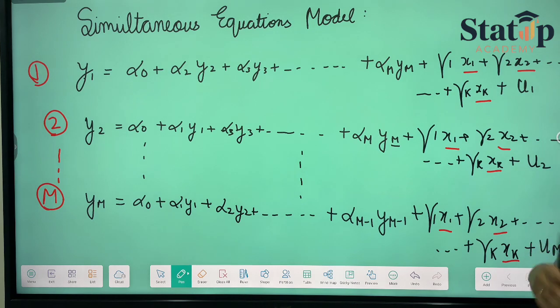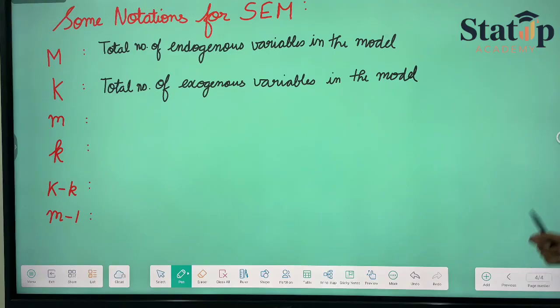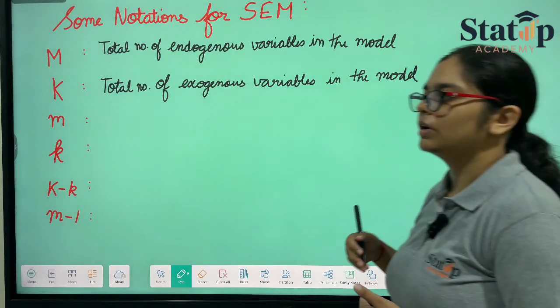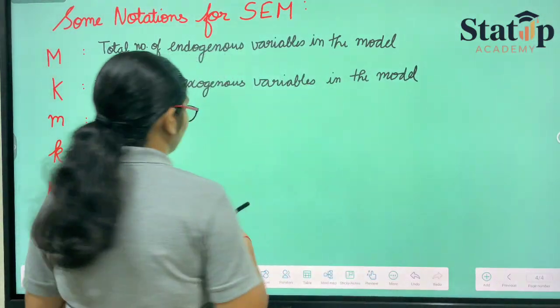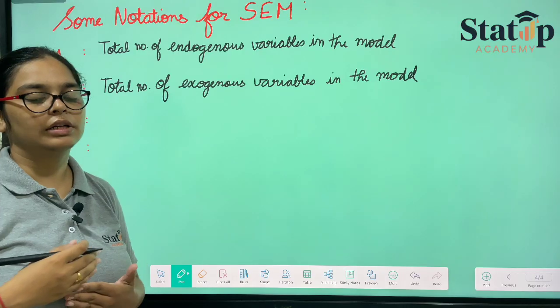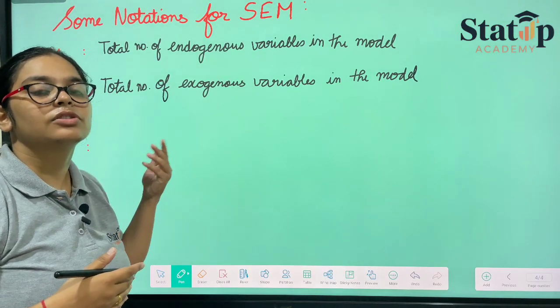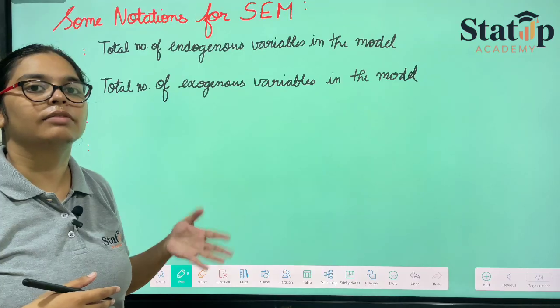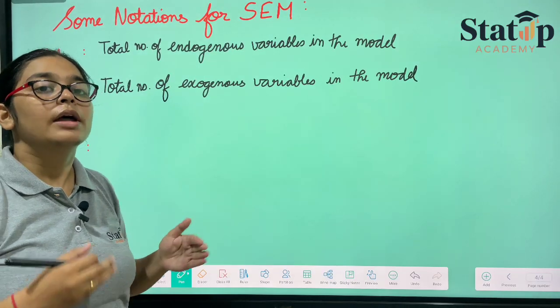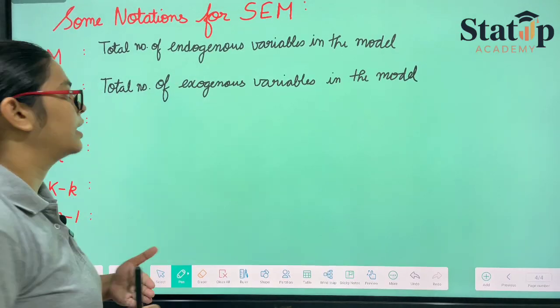So there are capital K total exogenous variables. Here we are counting the different kinds of variables: x1 is there, x2 is there, but x1 is also present in the first equation and second equation, and we do not count it again.